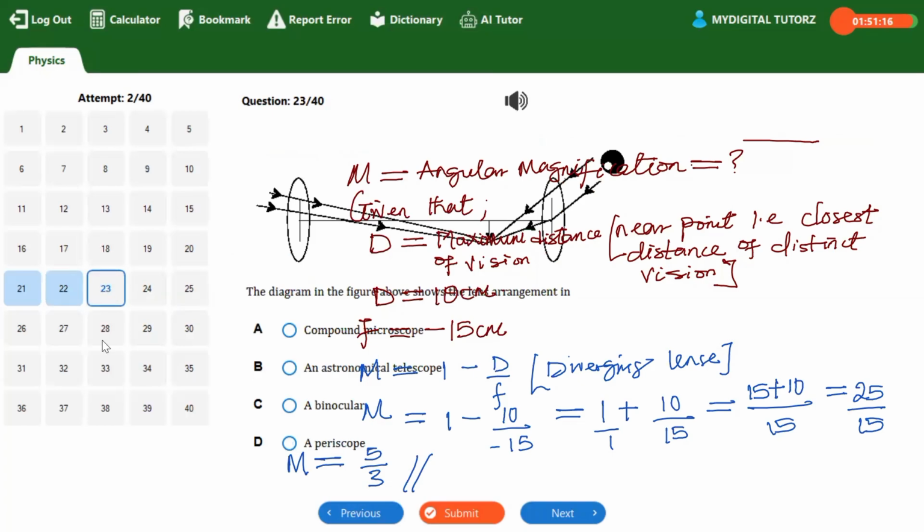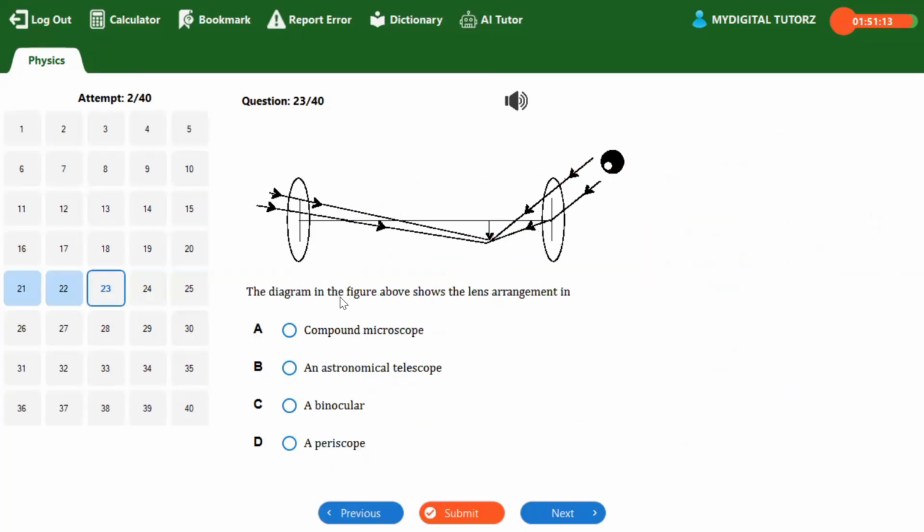Question 23 says, the diagram in the figure above shows the lens arrangement in A, compound microscope, B, an astronomical telescope, C, binocular, D, periscope. So you can eliminate options C and D if you know anything about combination of two lenses.